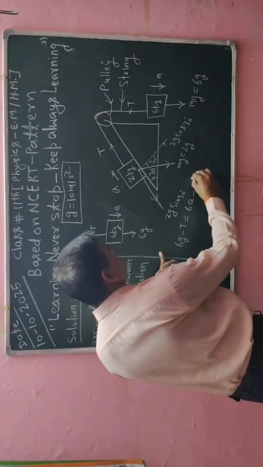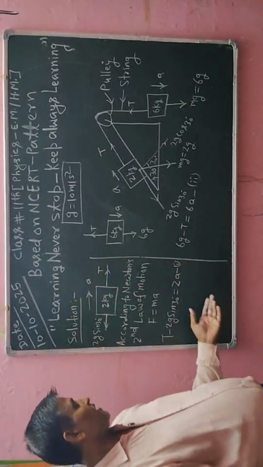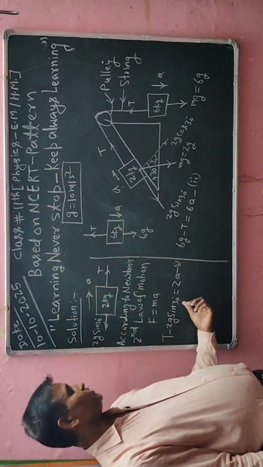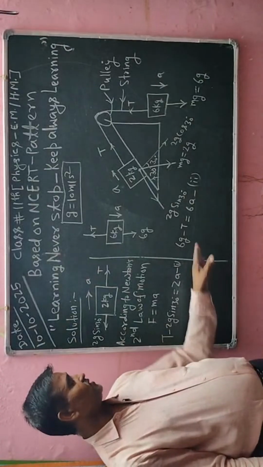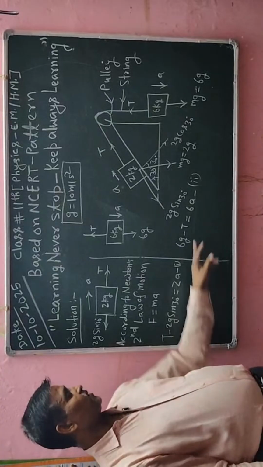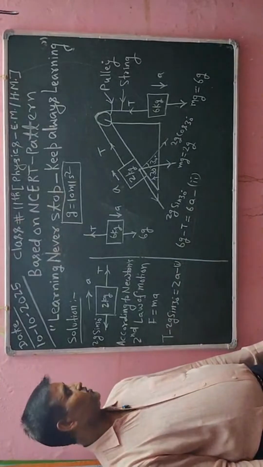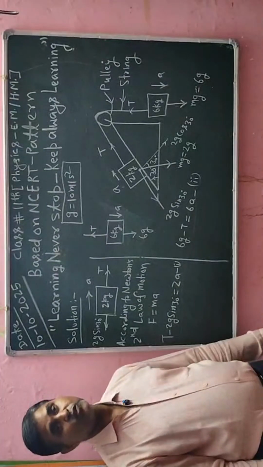So I will say this is equation number 2. So here I have got two equations, one is this one and the other is this one. Now there are two unknowns, T and a, so I will use the elimination or substitution method to calculate the value of a and also the value of T.